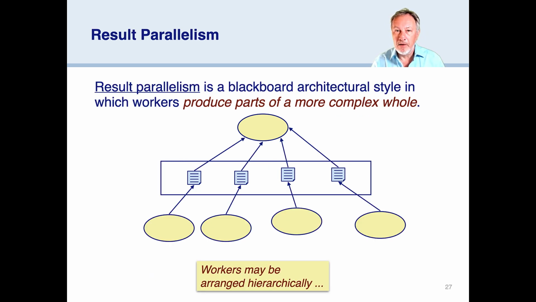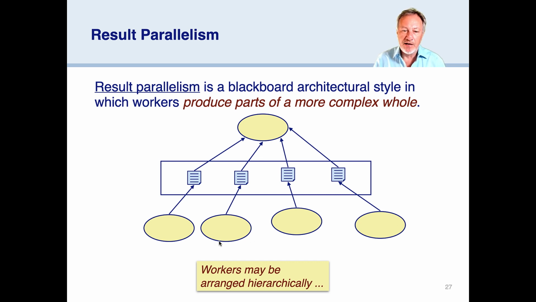In the work by Carriero and Gelernter in their Linda system, they describe how Blackboard architecture can be used to organize concurrent programs in a variety of different ways. One of these approaches is called result parallelism. This is an architectural style based on blackboards in which we have workers who produce parts of a more complex whole.